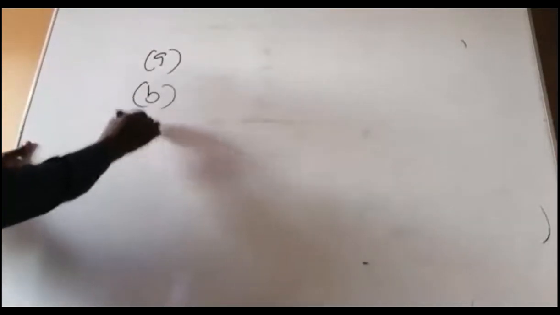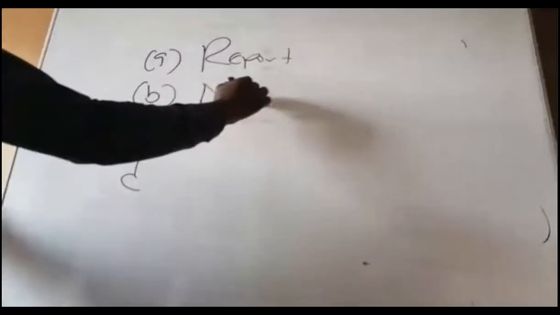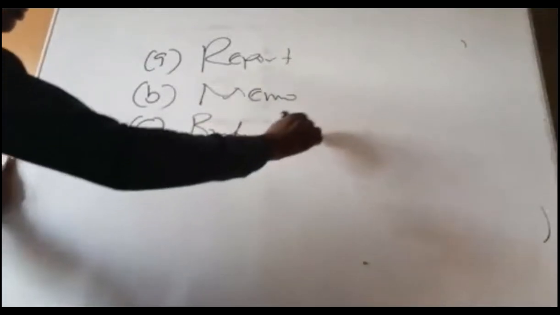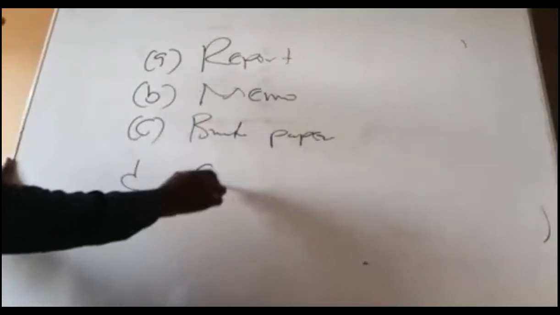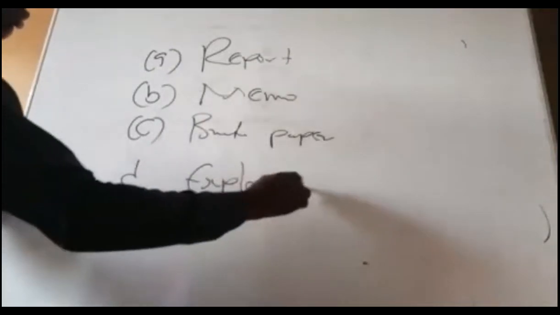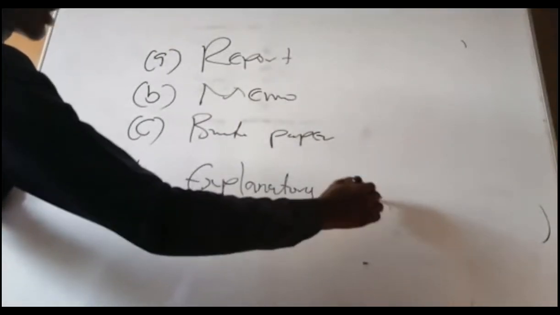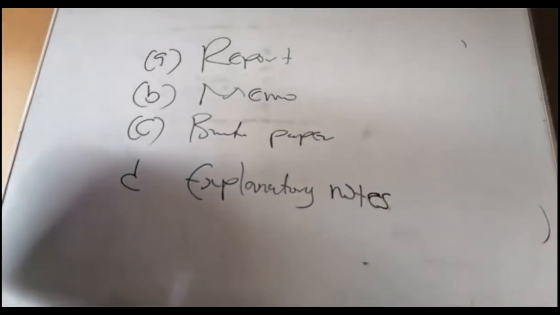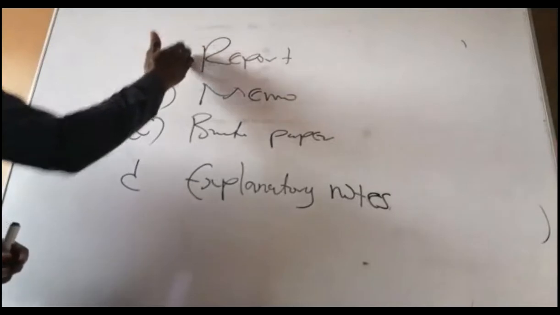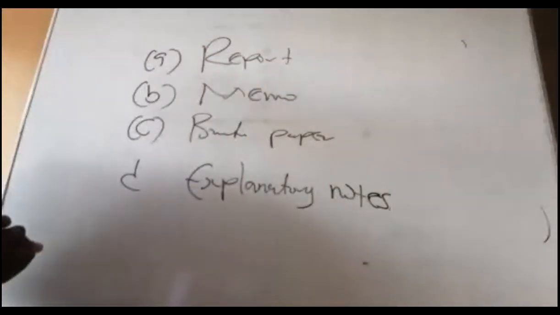So first, the report or the interpretation will be in the following forms. They can ask you to write a report, a memorandum or memo, a briefing paper, or explanatory notes. So always read the requirements carefully, to see which approach your ratio question requires.